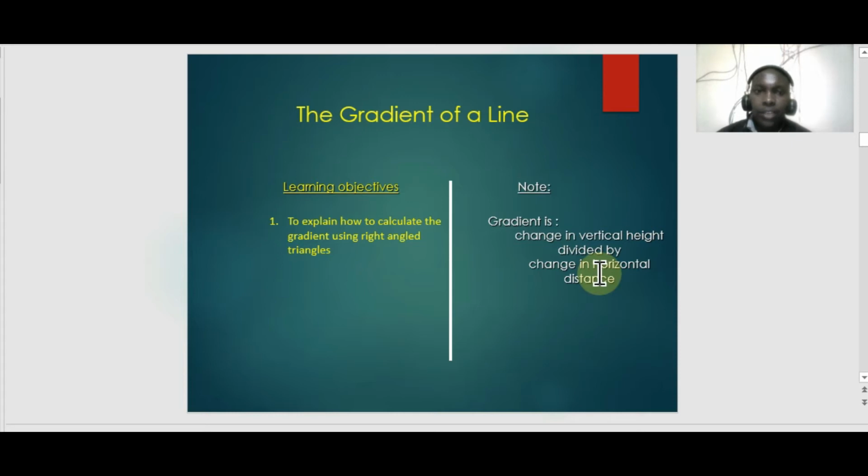Maybe you don't understand what gradient is: it is the change in vertical height divided by the change in the horizontal distance. So gradient is simply the slope. What I've given here in the note is simply the formula that you use for calculating the gradient. The change in the vertical height divided by the change in the horizontal distance. We're going to see that as we proceed in the next slides.